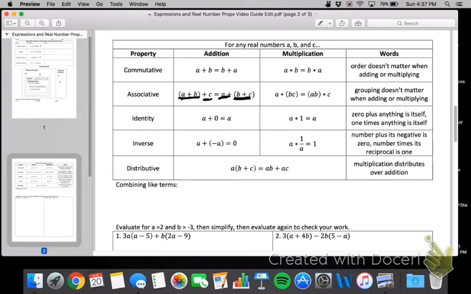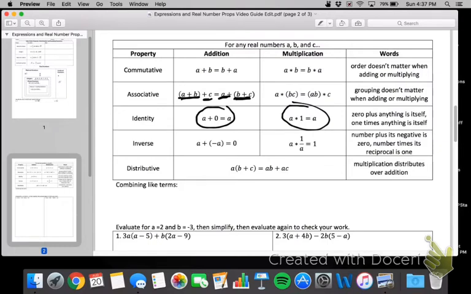The identities is just saying that there's the existence of this number, that when I add it, it doesn't change the results, or we call 1 the multiplicative identity, so 0 is the additive identity. Inverses is saying that there's always a number I can add to get 0, and there's always a number I can multiply by to get 1.